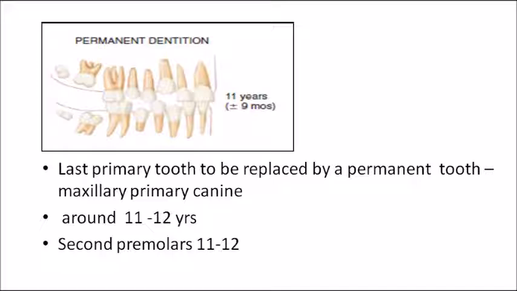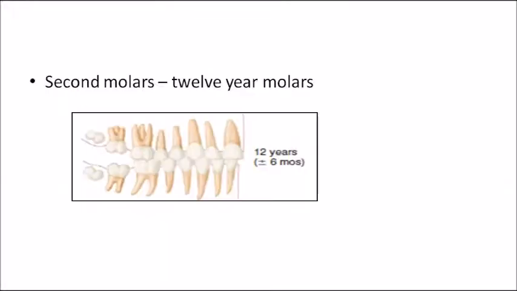And the second premolars most often erupt into the oral cavity at an age of 11 to 12 years. In the upper arch, most of the time the second premolars may precede the canines, but in the lower arch the canines will be erupting prior to your premolars. At 12 years of age, your second molars will also erupt into the oral cavity.